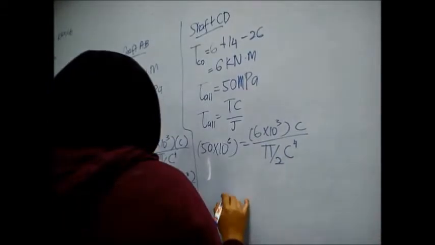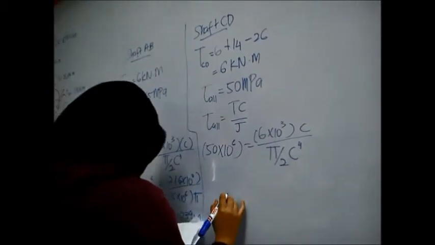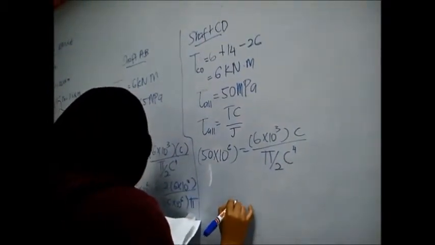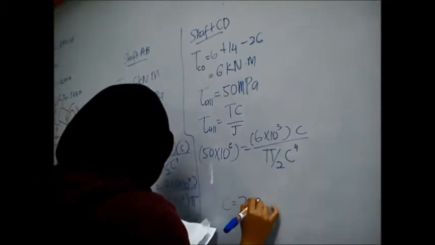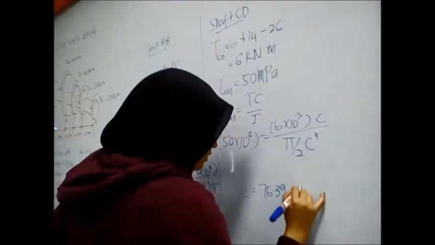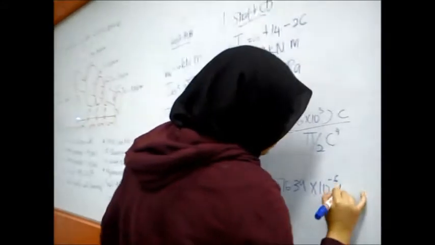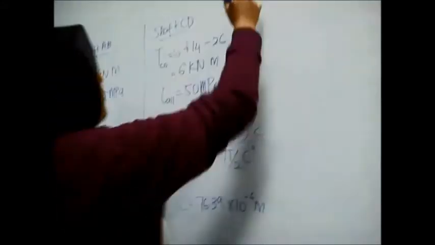So when we calculate it, you get c is equal to 76.39 times 10 to the -3 meter.